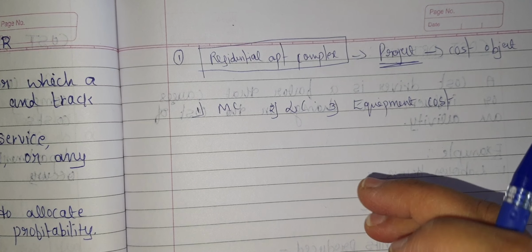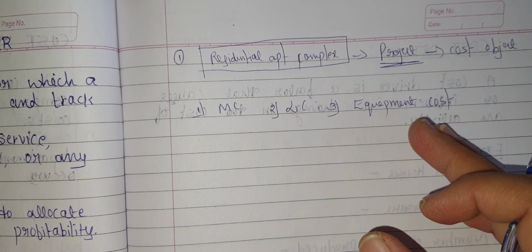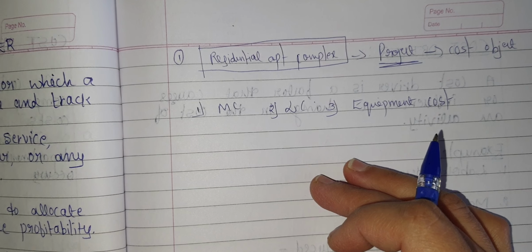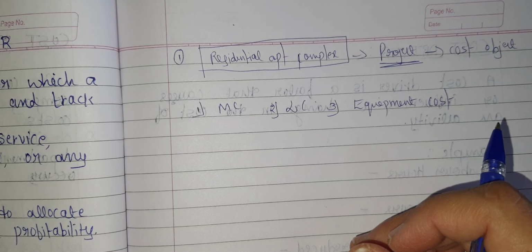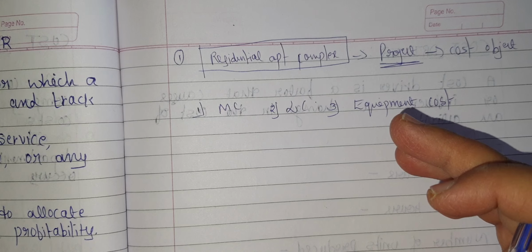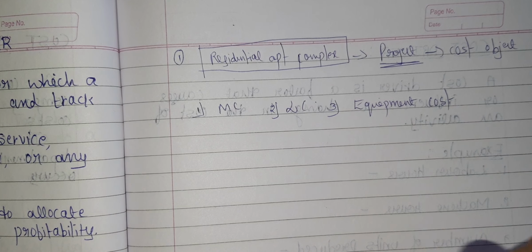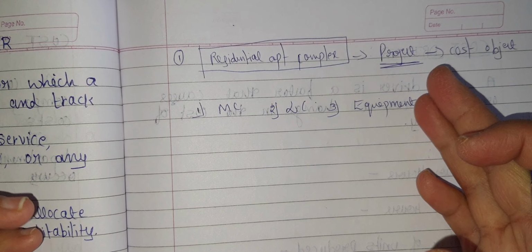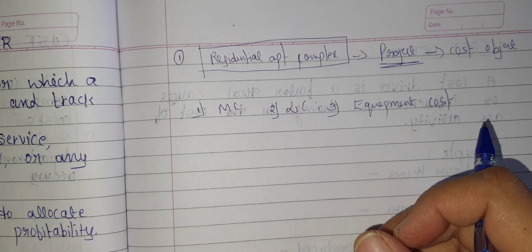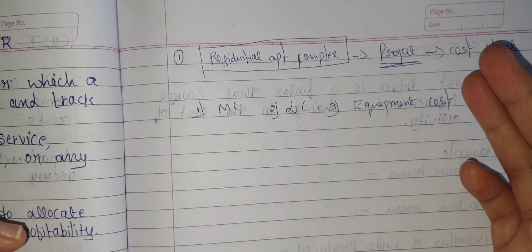Fourth, subcontractors cost, meaning electrical or plumbing works. Fifth, administration and overhead cost, meaning permits and project management.